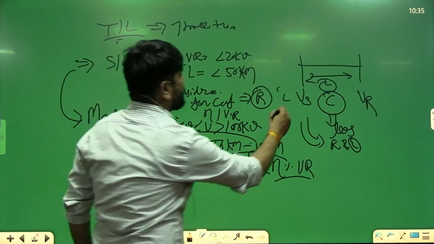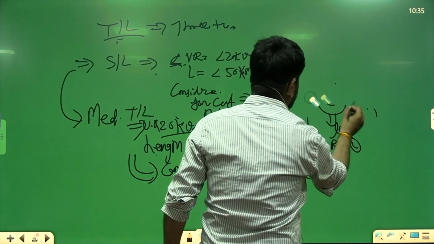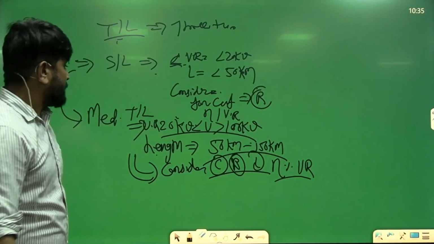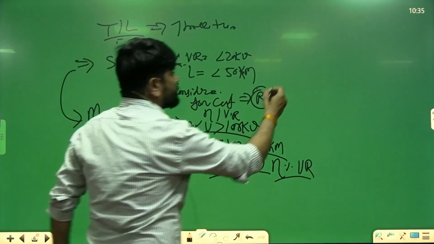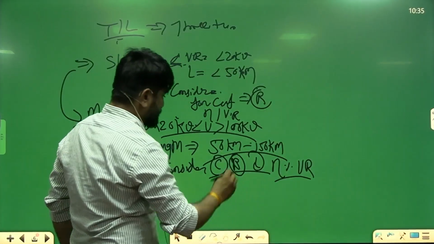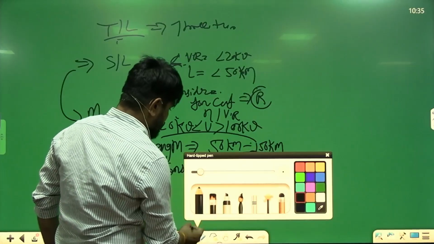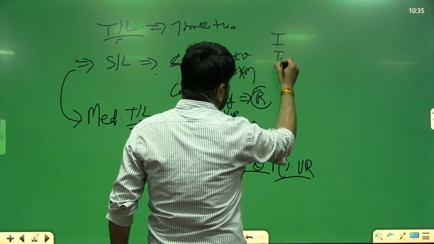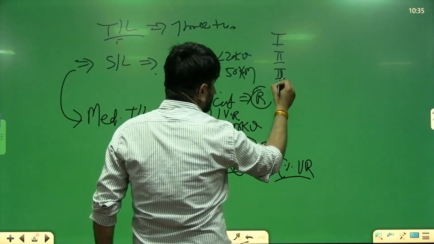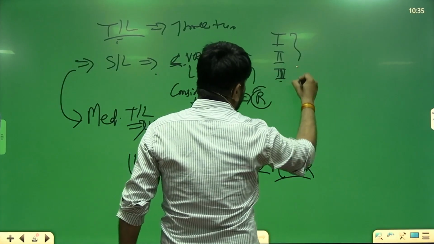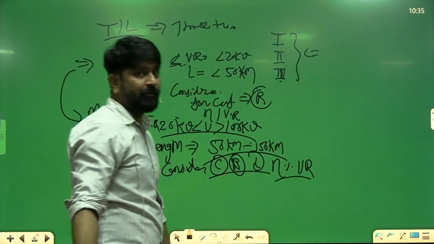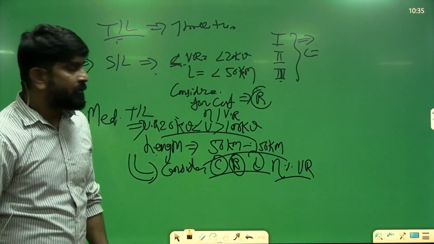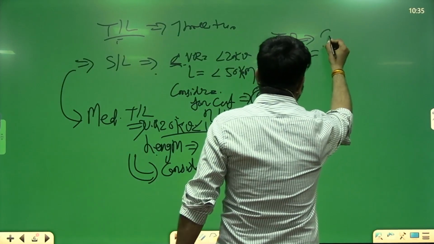In this transmission line, we know there are three ways the capacitor is used. The first method is known as the end capacitance method.